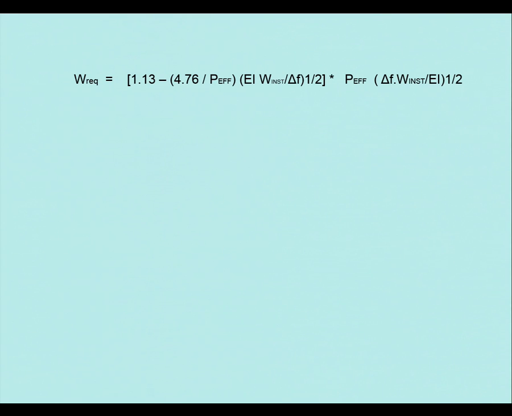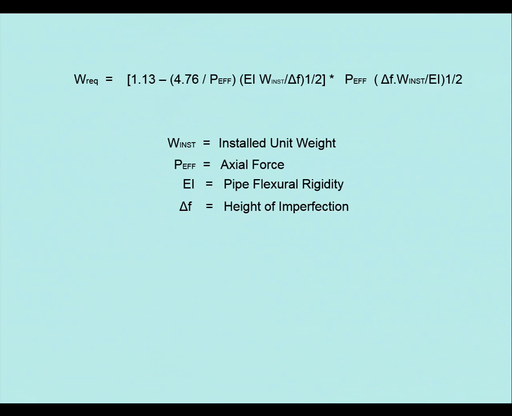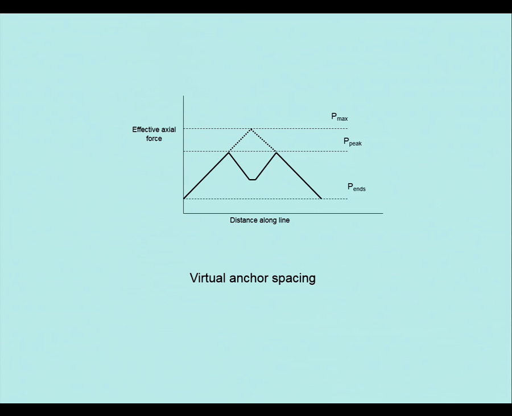And that's the weight of soil or rock that's required to hold it in place. So you've got that formula. And this is when you've got a short length of line.